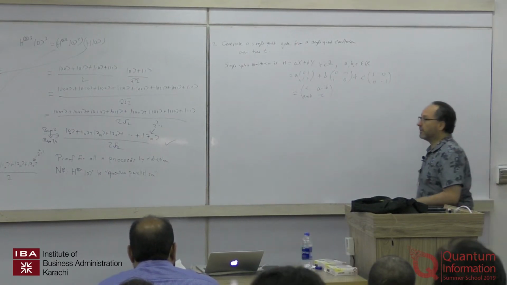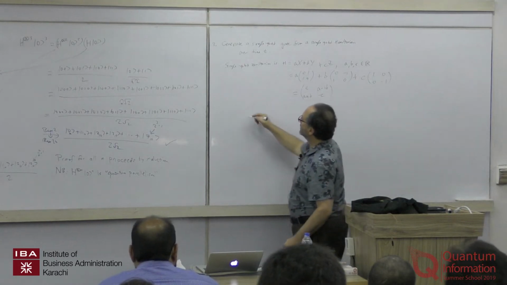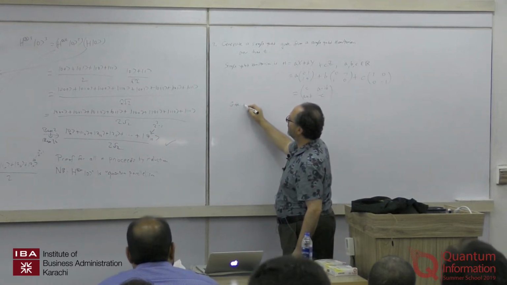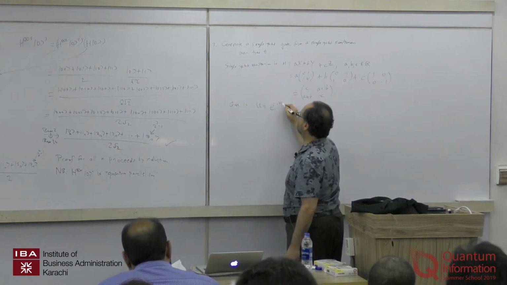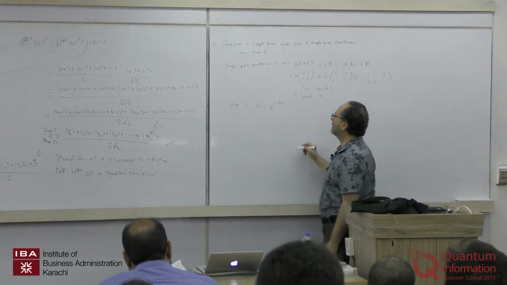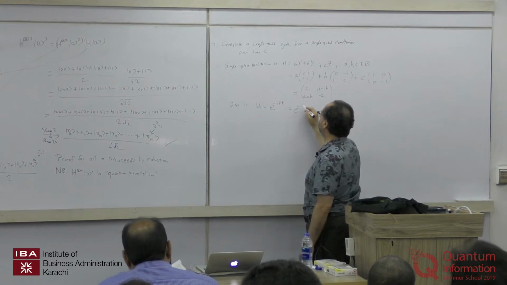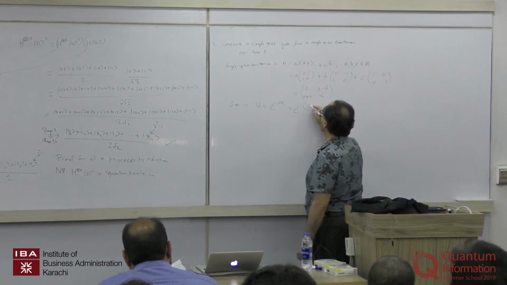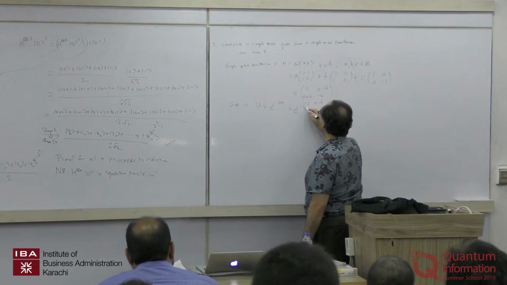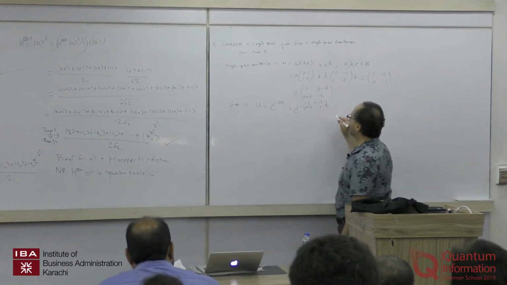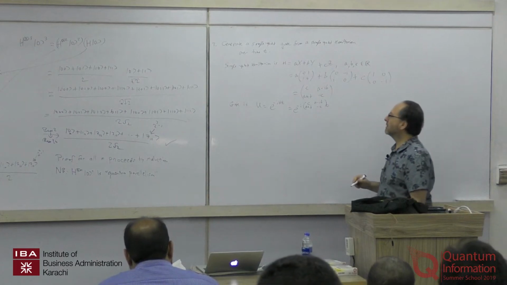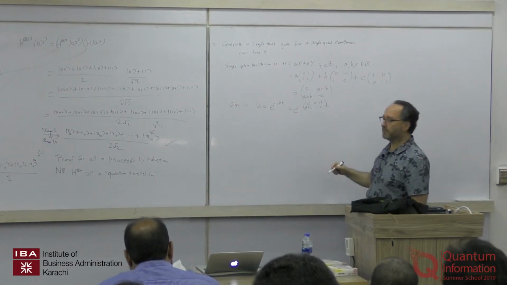And then the gate it generates. So the gate is U equals e to the minus IHT, which is equal to e to the minus I, C, A minus IB, A plus IB minus C times T. Okay, how should we expand it?